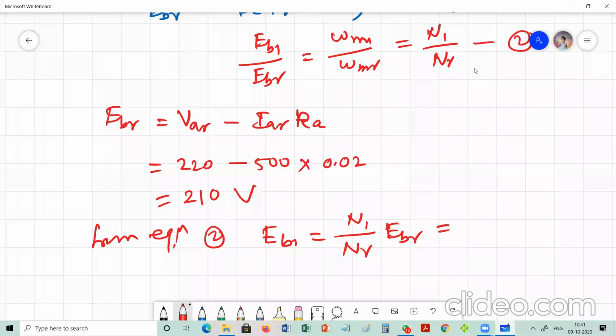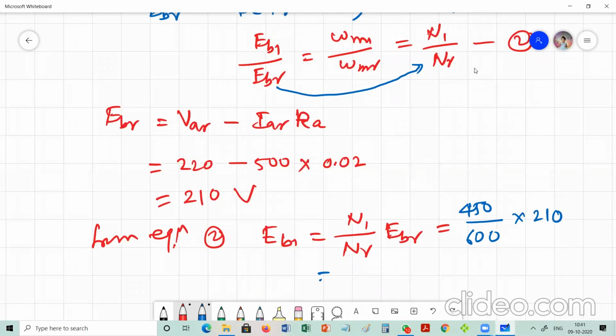What I did, I just shifted EBR to the other side. So in this case, for the first case, N1 is equal to 450 RPM divided by NR, the rated speed, equal to 600 RPM, and now we have calculated rated back EMF which is equal to 210.